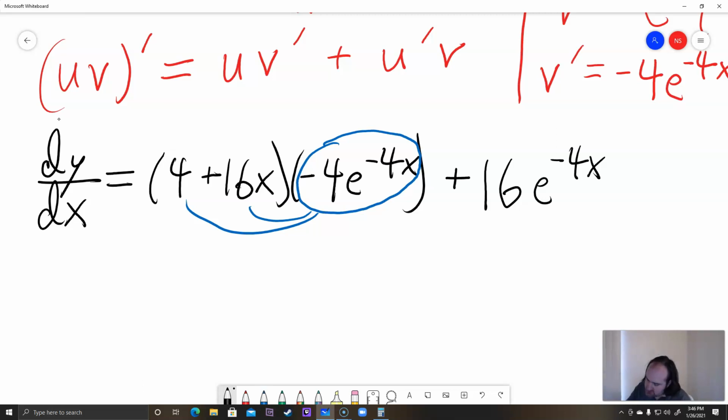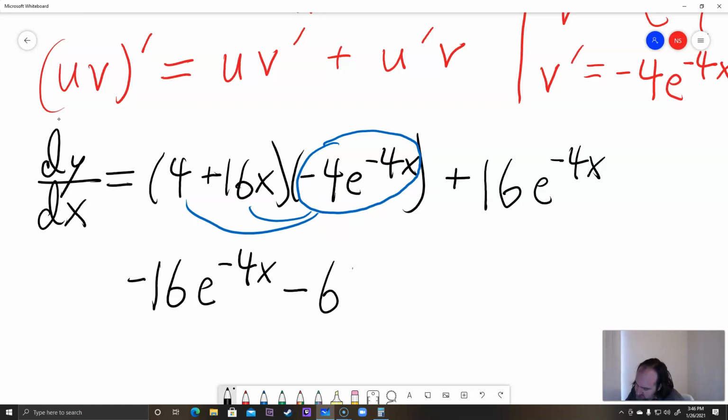So that's going to give us 4 times negative 4 is negative 16 e to the negative 4x. Minus, well, what's 4 times 16? I believe it's 64. So we're going to have negative 64x e to the negative 4x.